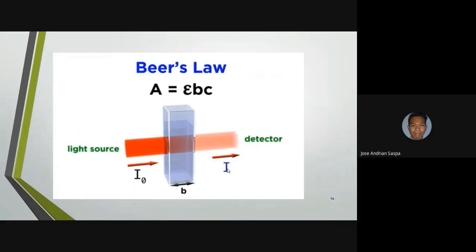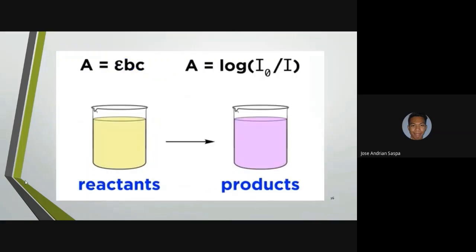In this picture, the red color is called the intensity before, I sub O. Then after it passes through the sample, we have I, the intensity after. The picture shows the reactants and products.